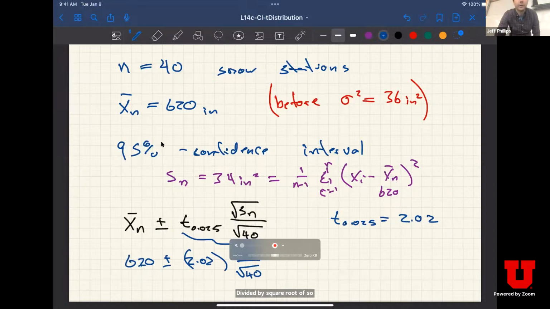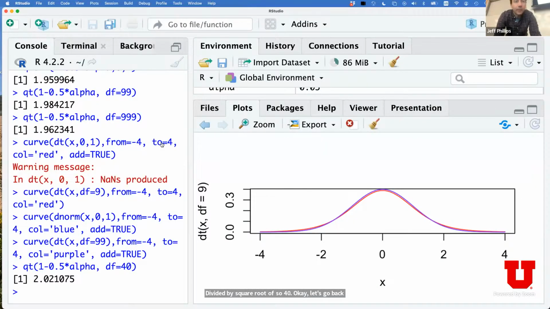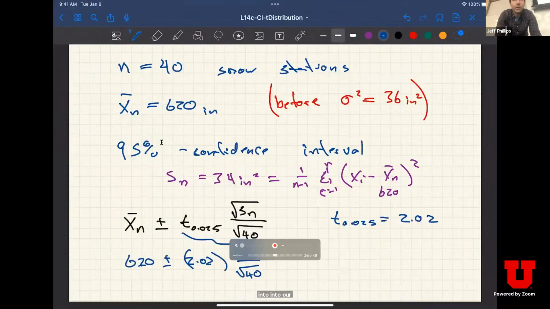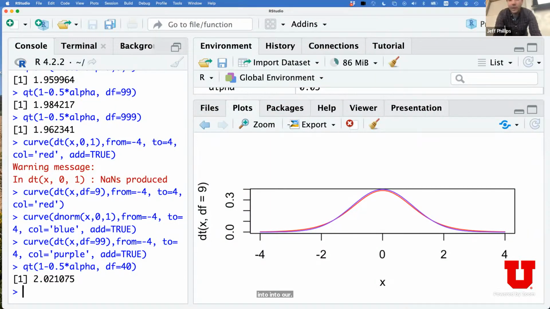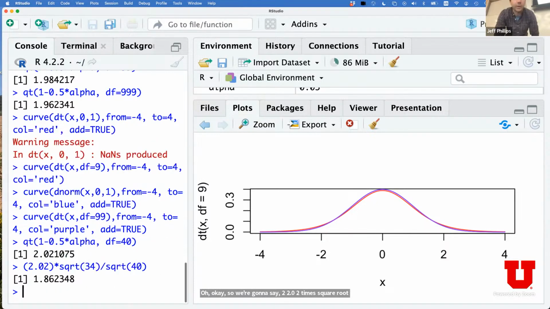Okay, let's go back into R. Okay, so 2.02 times square root of 34 divided by square root of 40, and we're going to get 1.86.